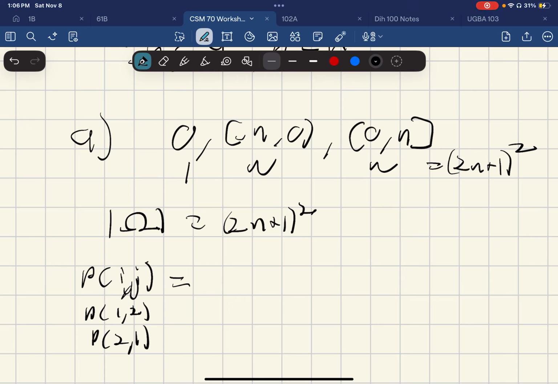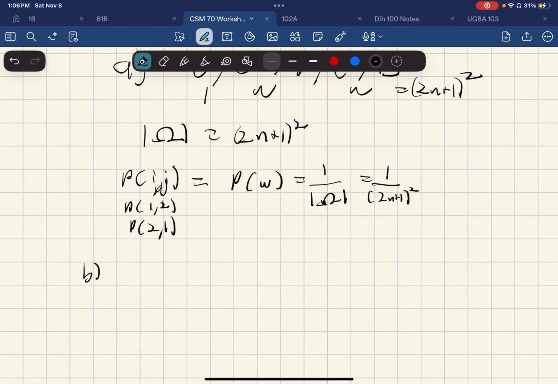So the probability for any given combination of integers is 1 over the sample space, which, as we found earlier, is 1 over (2n plus 1) squared.